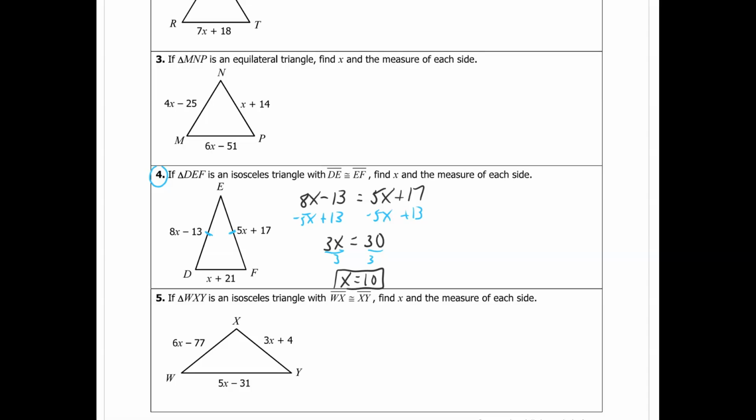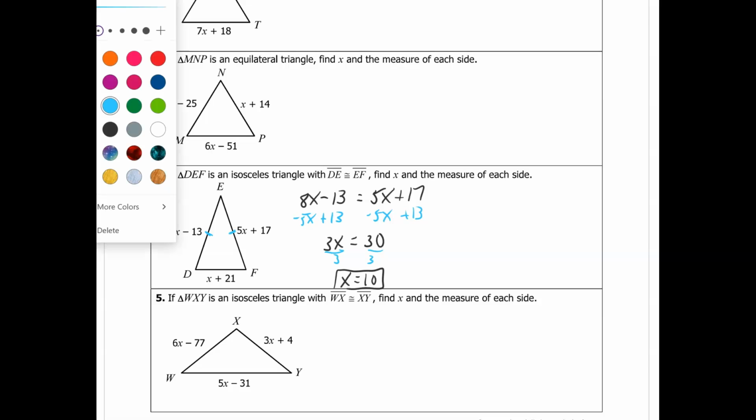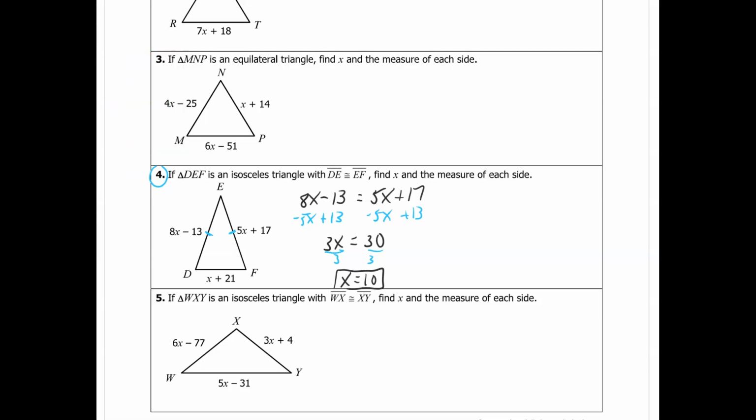We found x. So if we want the length of the sides, we just plug x in. So this one will be 8 times 10 minus 13. This one will be 5 times 10 plus 17. And this one on the bottom will be 10 plus 21.